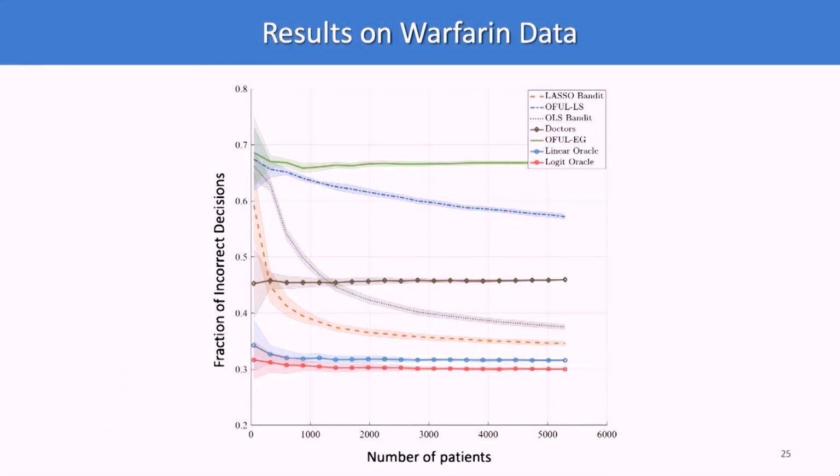So this is what physicians would do. For 46% of the patients, they were going to make a mistake because 54% of the population are medium dose, but not the remaining. And this is the best you can do. So these are not realistic. This is what we call the oracle. If somebody has access to all of this data in advance, then they can actually make about 33% mistakes.